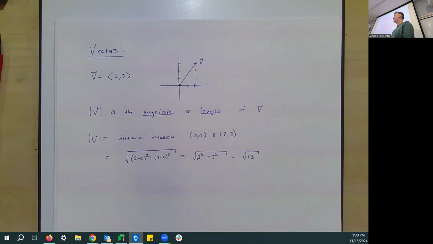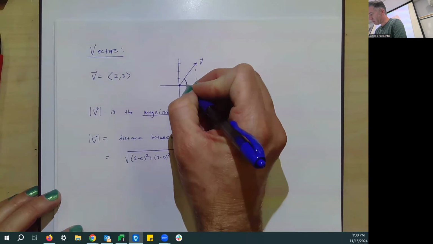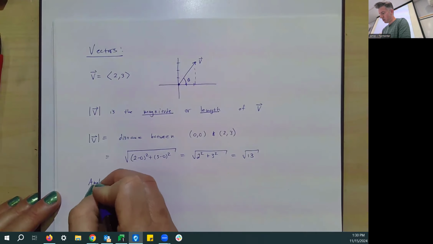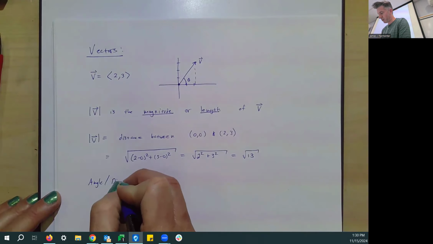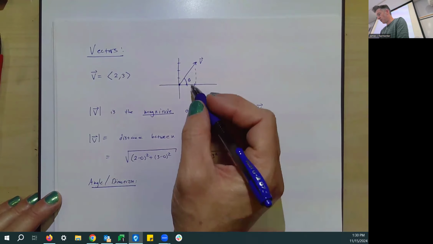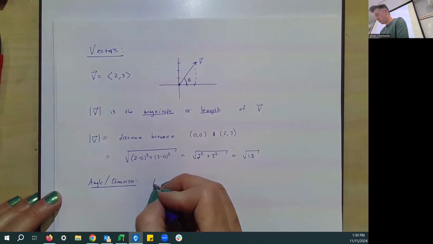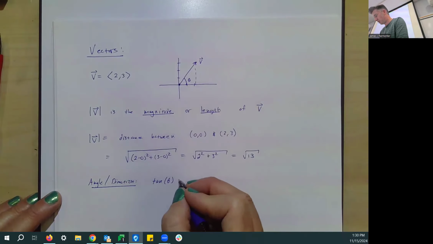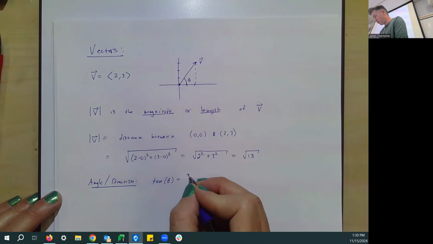We talk less about the direction of a vector, but if you want to, you can talk about the angle that this vector makes with the x-axis. So if we want to talk about the angle or direction, we know that for this vector, the tangent of that angle is equal to the opposite over the adjacent, which is going to be 3 over 2.